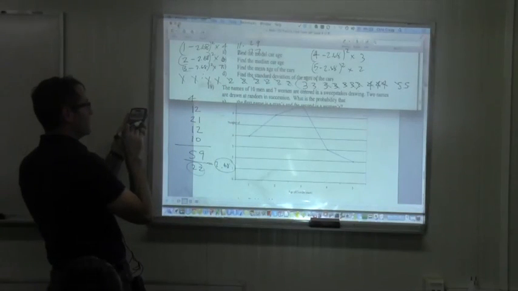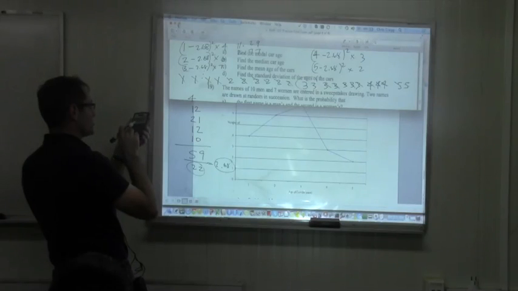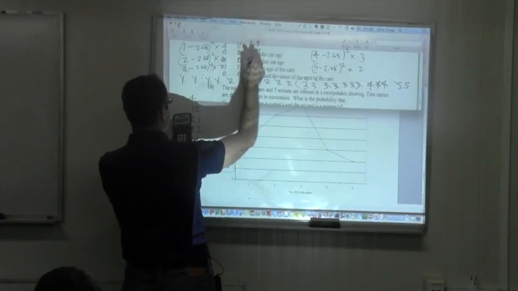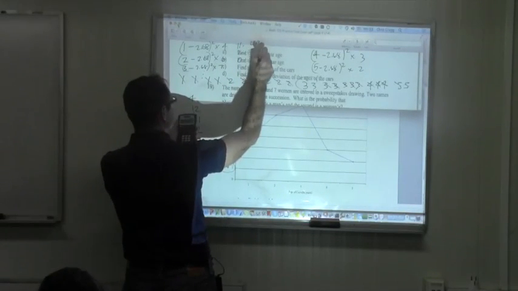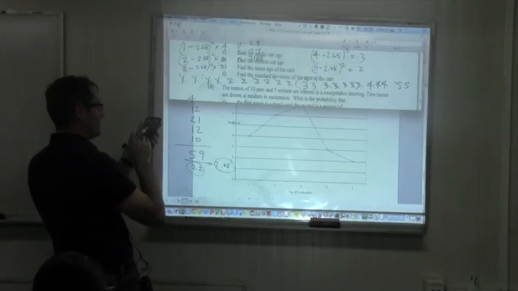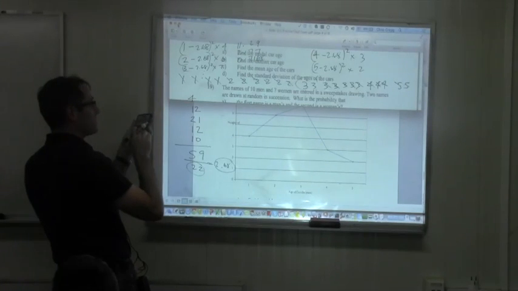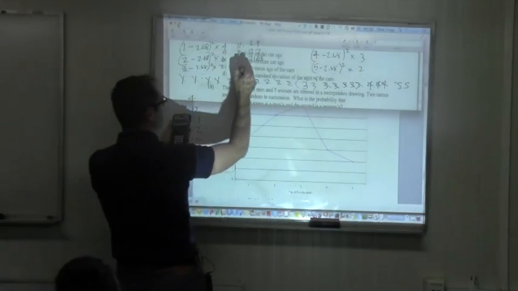And this is going to be 3 minus 2.68 squared times 7, 0.7168. And then it's going to be 4 minus 2.68 squared times 3, which is going to be 5.2272.